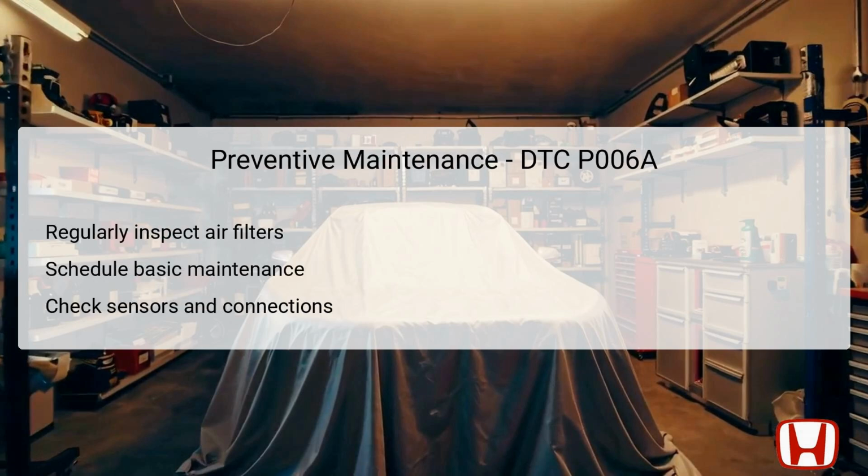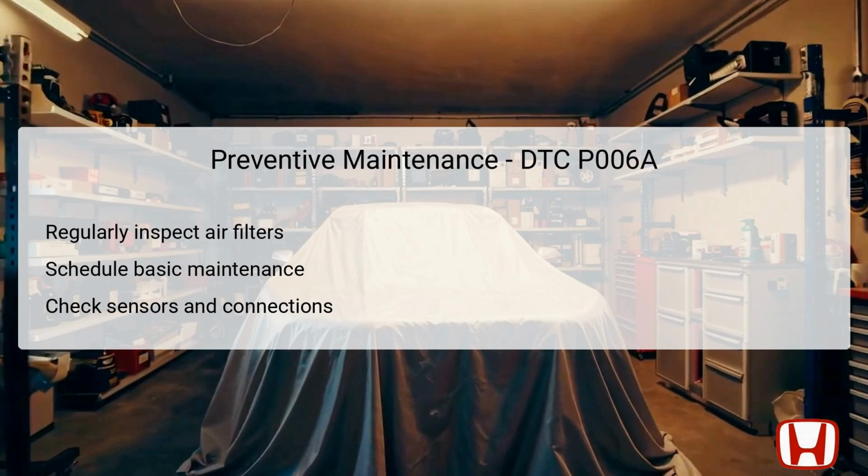Preventive maintenance is key in avoiding future occurrences of DTC P006A. Regularly inspect the air filters to ensure they are clean and unrestricted, as a dirty air cleaner can cause significant performance problems. Schedule timely maintenance checks to catch any sensor or connection issues before they escalate.